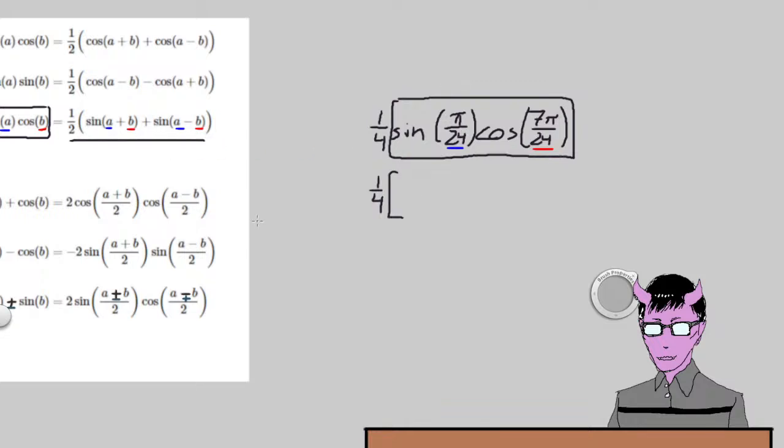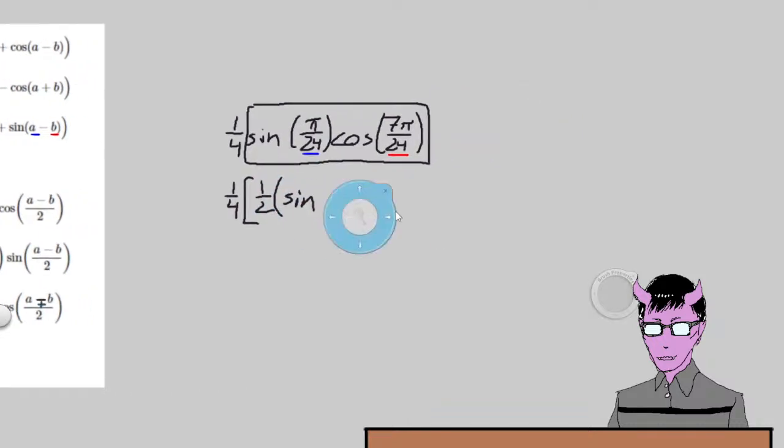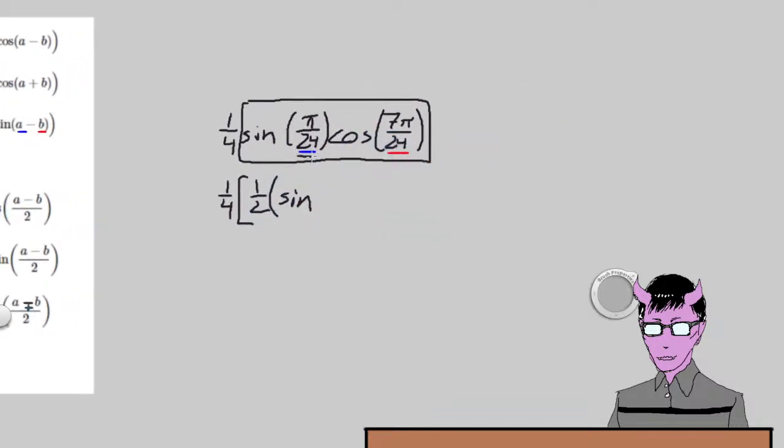So take that 1/2, put on the parenthetical, sine of A plus B. And thankfully these denominators already match up, so it's going to be 1 plus 7. So I'm actually going to leave this one here for now.